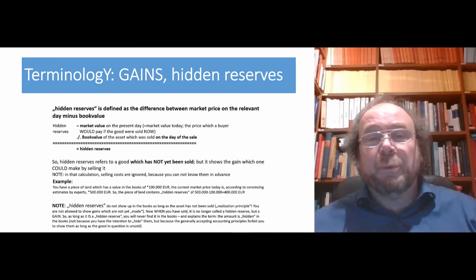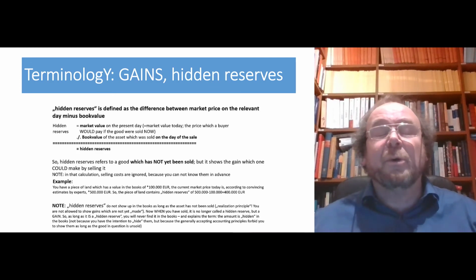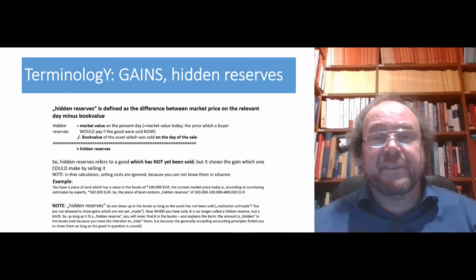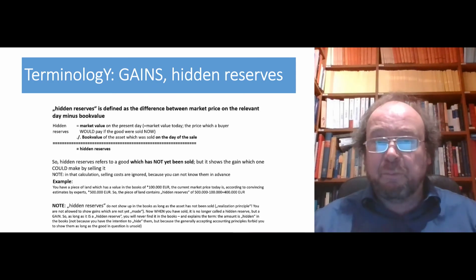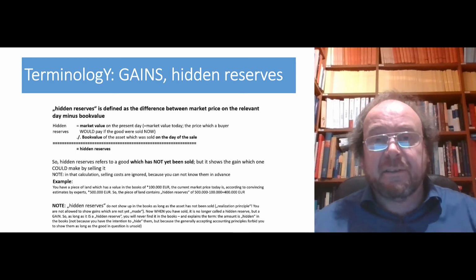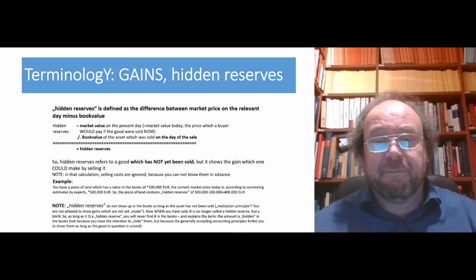Good. When you once have sold a good, then it's no longer in the books, clear? And it's no longer a hidden reserve because it has now become evident. You see then, I got a price of 500,000, I booked out, de-recognized my piece of land of 100,000, and I made a gain of 400,000.